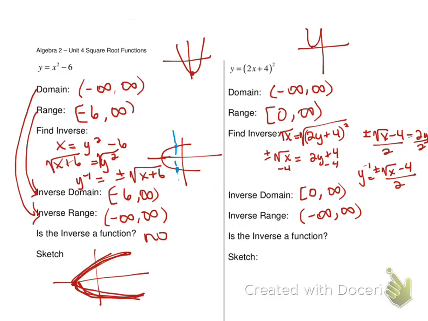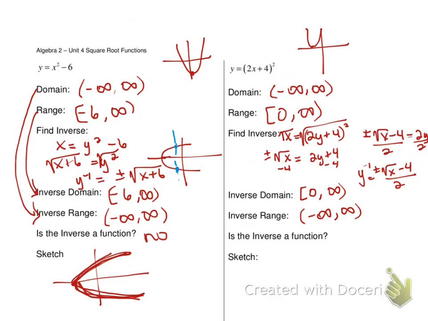Okay? So that's a little bit tricky, but make sure that only the x is what's inside of the radical. Everything else is on the outside. So in your calculator, there's no way to do a plus or minus, so you just have to do one part of it at a time. So in my calculator, I'm going to type the square root of x, and then close those parentheses, minus 4 divided by 2.